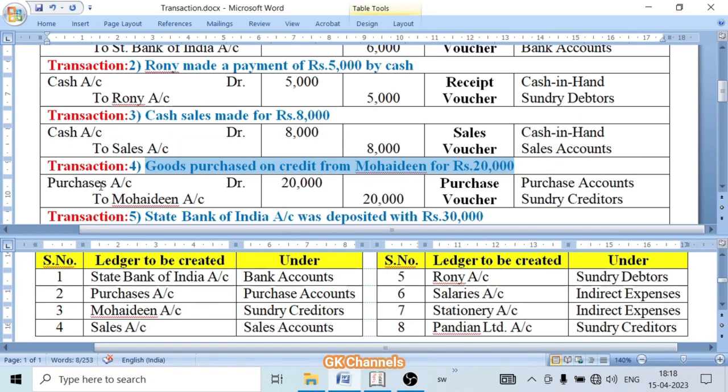So for this, purchase account debit, Mohideen account credit, purchase voucher is used. So purchase account is created under the group purchase accounts, and Mohideen account is created under the group sundry creditors.